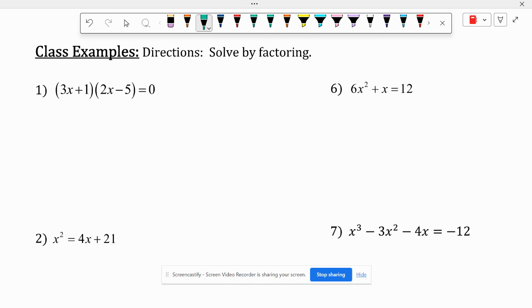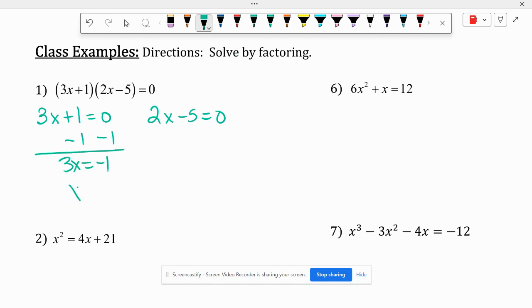So when I solve this, I have 3x plus 1 equals 0 or 2x minus 5 equals 0. Okay? So what does that mean? Subtract 1. 3x equals negative 1, divide by 3, x equals negative 1/3.